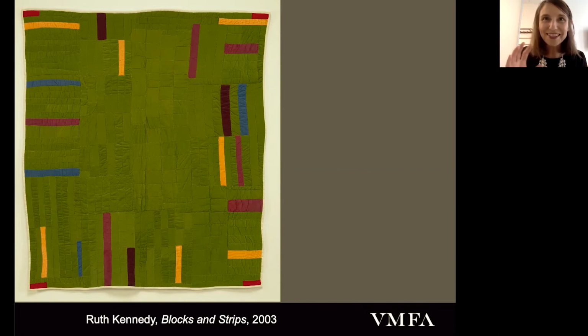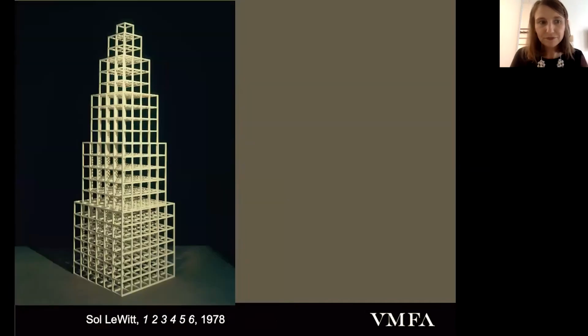I find it interesting that Donald Judd wanted something to look industrial, and you have Ruth Kennedy making something from the scraps of working for a large company mass producing something. So there's sort of an inverse relationship there.